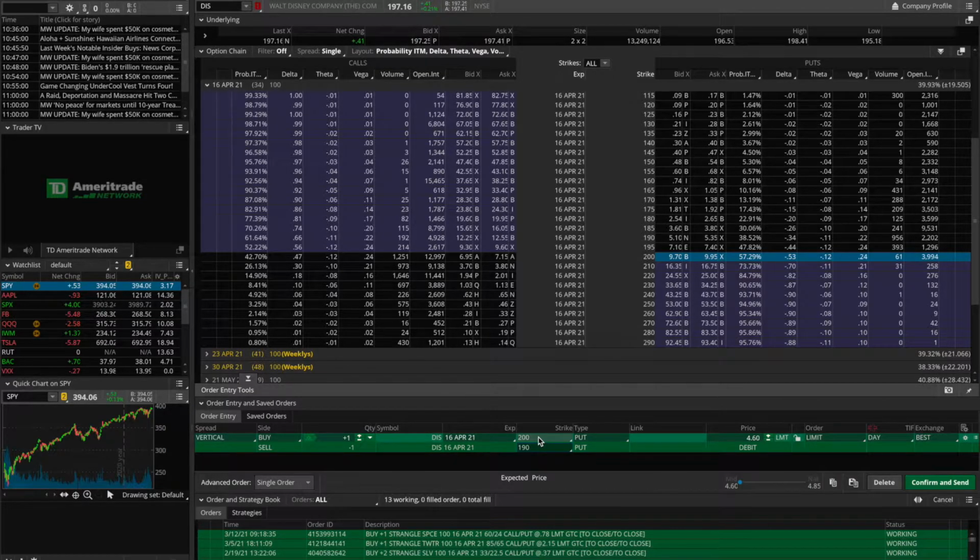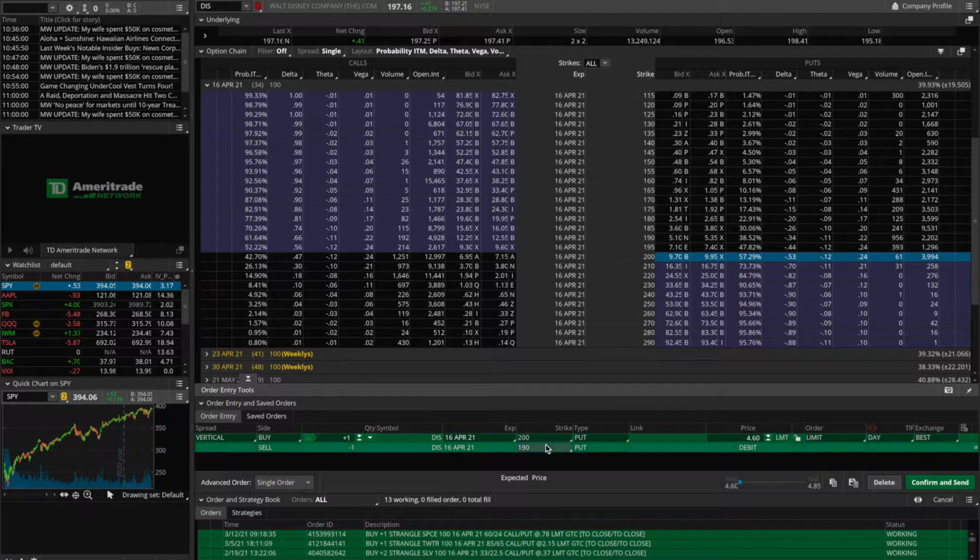So if I did buy 100 shares of Disney at 190 and sold them at 200, that's a profit of $10 per share. Times the 100 shares I'm dealing with, that's an overall profit of $1,000. But now you also have to factor in the $460 that you paid to get into this position in the first place.